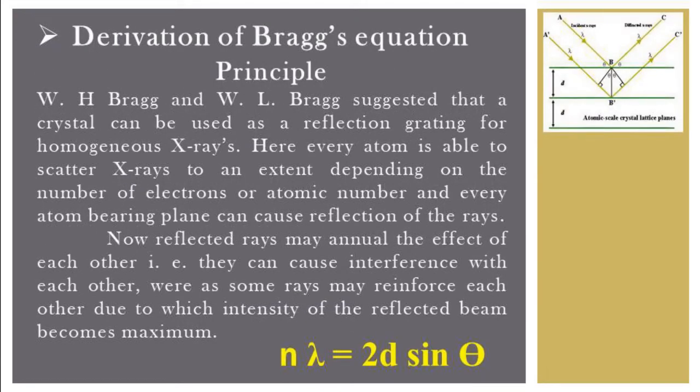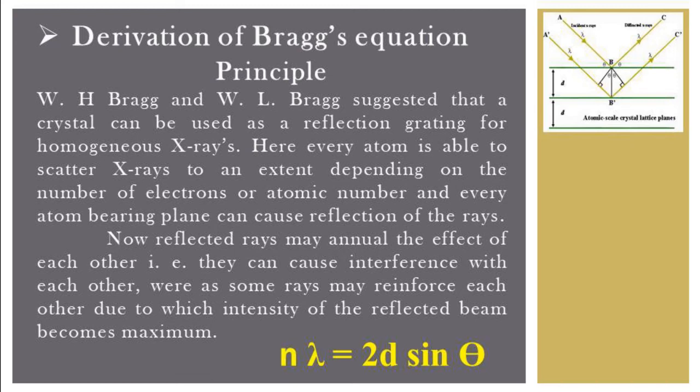Derivation of Bragg's equation. We know Bragg's equation: n lambda is equal to 2d sine theta. The principle of derivation of Bragg's equation is that W. H. Bragg and W. L. Bragg suggested that a crystal can be used as a reflection grating for homogeneous X-rays. Here, every atom is able to scatter X-rays to an extent depending on the number of electrons or atomic number, and every atom-bearing plane can cause a reflection of the rays.